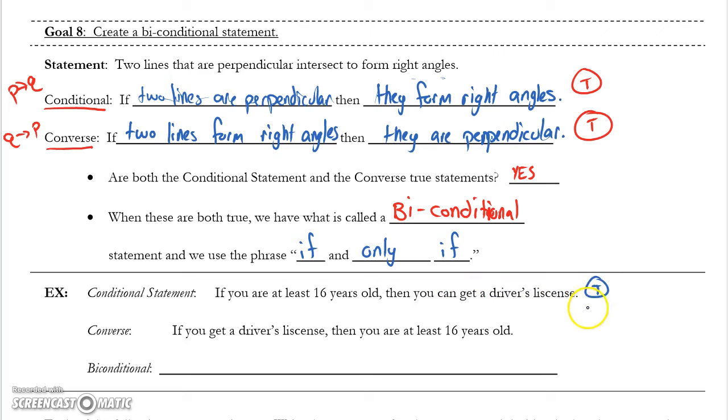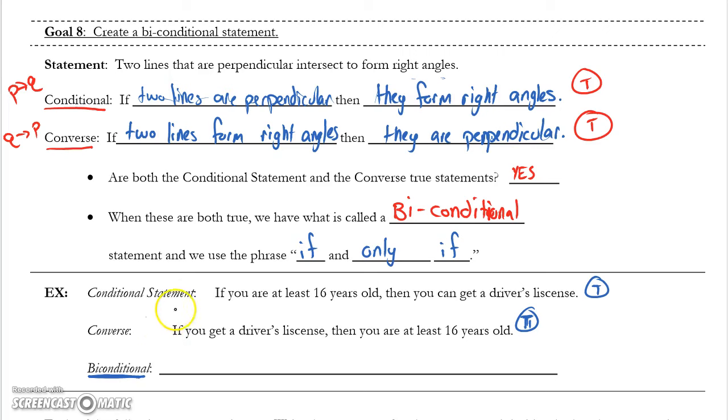If you're at least 16, then you can get a driver's license. The converse, if you can get a driver's license, then you are at least 16 years old. That is also true.